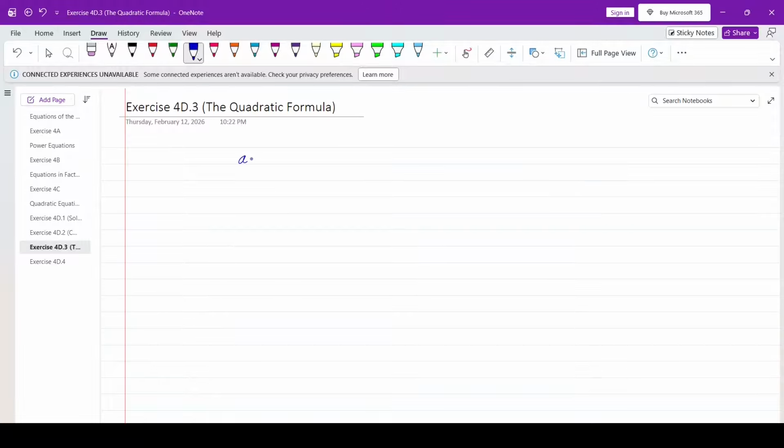So we just saw, if a quadratic equation is of this form, ax² + bx + c = 0, then the quadratic formula for it becomes x = (-b ± √(b² - 4ac))/2a.